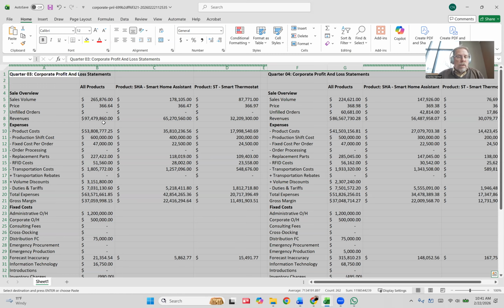So our revenue, if you notice right here, we had about 60,000 units. Forget the dollar sign for the moment. You ended up with unfilled orders of about 61,000 units. That typically means you may not have forecasted enough.